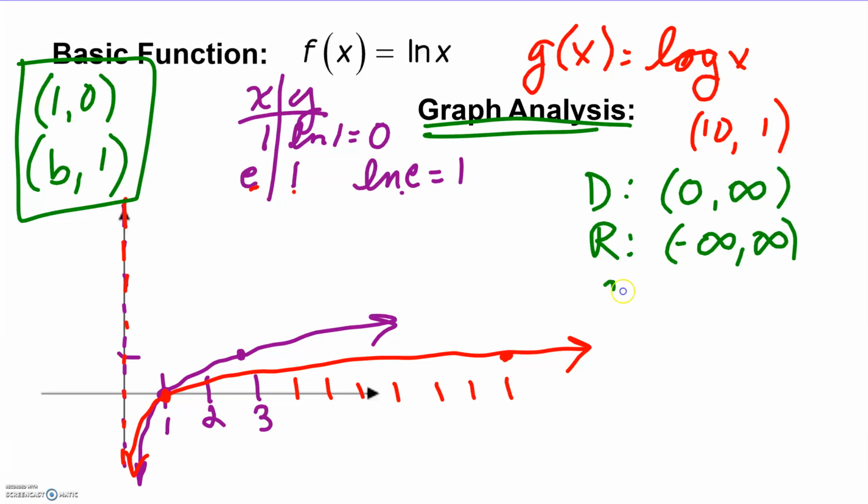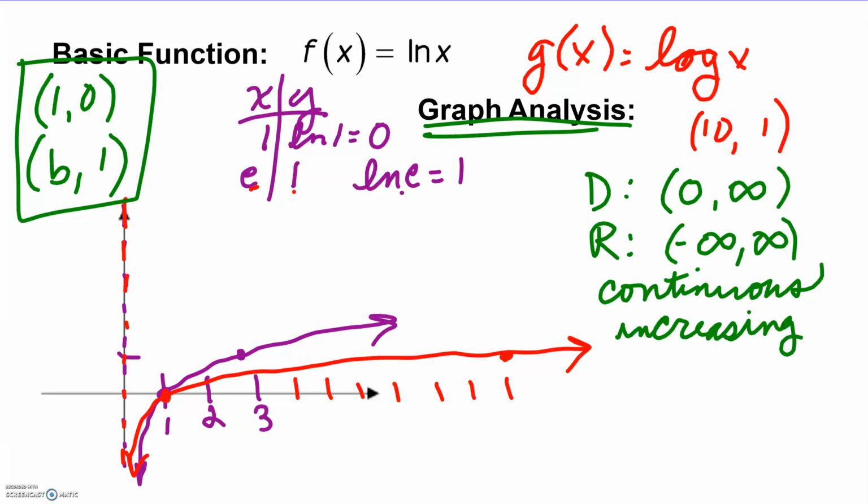They're all continuous, so there won't be any holes or breaks in the graph. These are increasing. Remember, increasing meaning as the x value is increasing, so is the y value.